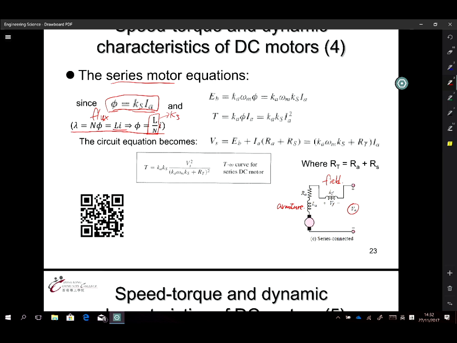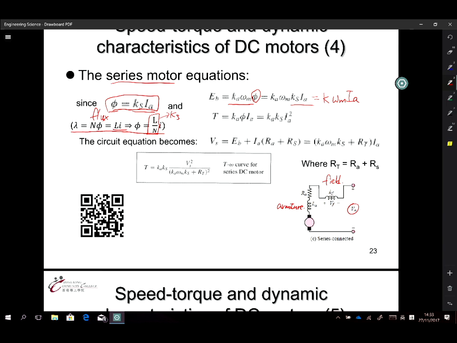Previously, we introduced the induced voltage equal to Ka omega M phi, and phi equals Ks times Ia. Therefore, we replace phi with Ks Ia in this formula, and we can further combine the constants into a single constant K. So your formula becomes K times omega M Ia.